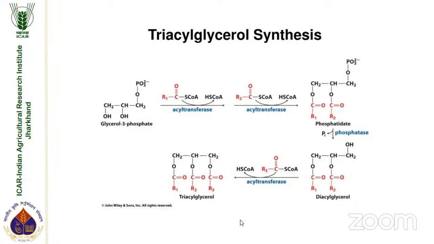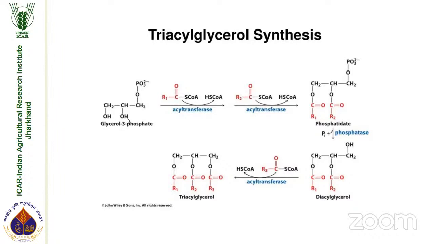Simply the reduction of glyceraldehyde 3-phosphate will lead to the production of glycerol 3-phosphate, so it can be directly siphoned off from the glycolytic pathway.